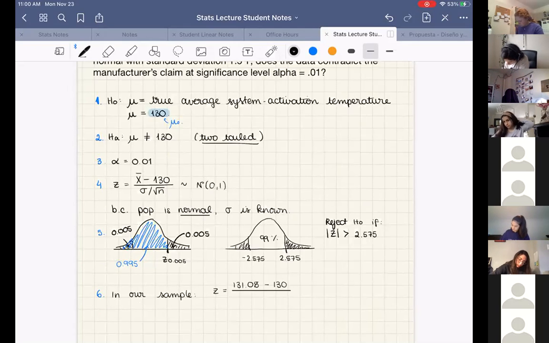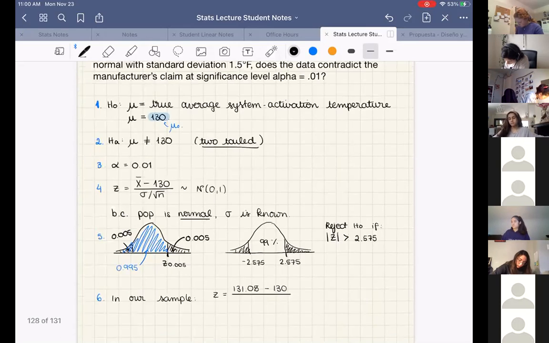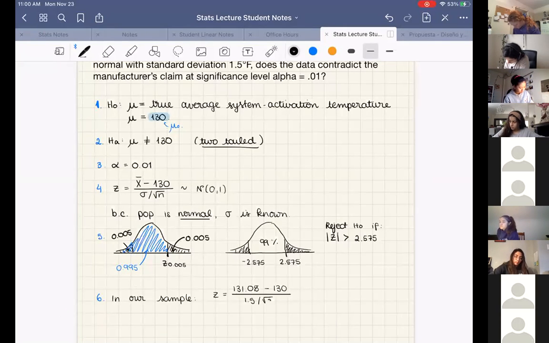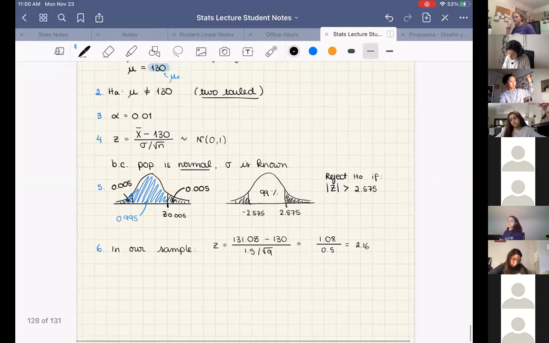Divided by 1.5 over square root of 9, which is equal to 1.08 divided by... 1.5 divided by square root of 9 is 1.5 divided by 3, which is 0.5. And dividing by a half is the same as multiplying by 2, which means that this is 2.16. And then I can conclude.